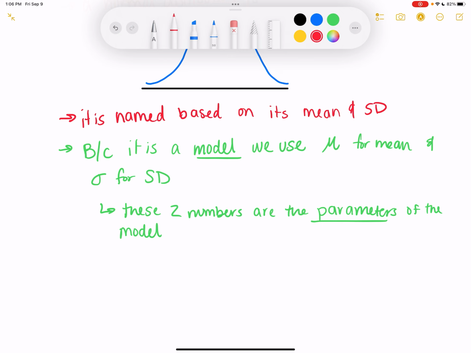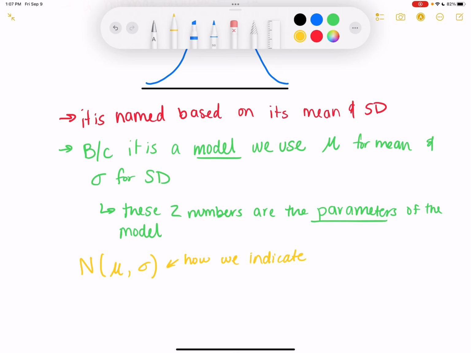All right, so if you have N and then parentheses, mu and sigma, this is how we indicate the normal model that we are using. No, this isn't to graph it.